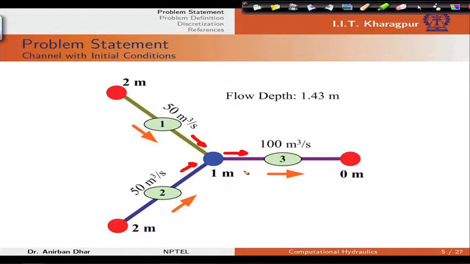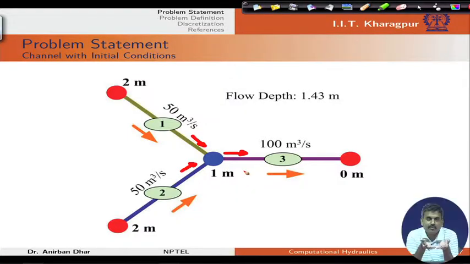But in case of unsteady state problem, initial condition is important, because that should satisfy the physical constraints or physical equations. So, discharge continuity is one equation that should be satisfied, and we have a flow depth for all these channels as 1.43 meters.